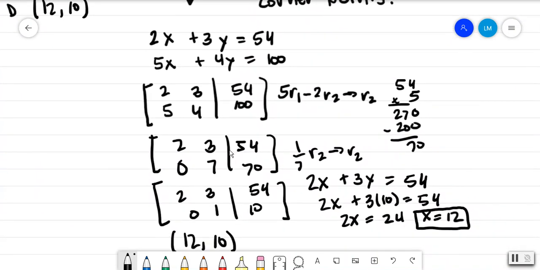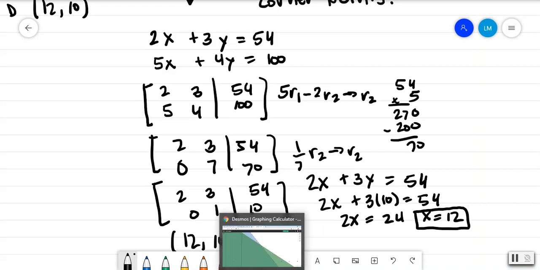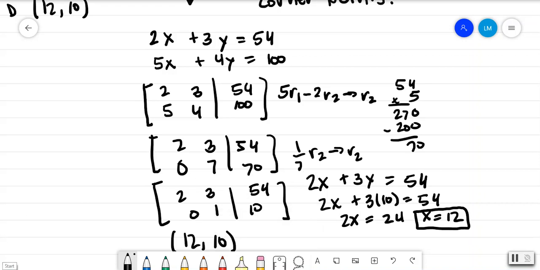Now, of course, you don't need to use this either, technically, because you might use desmos.com, or you may use a graphing calculator, in which case the process is that you would just put in the equations as y1 and y2, and then you would go to second trace, intersect.